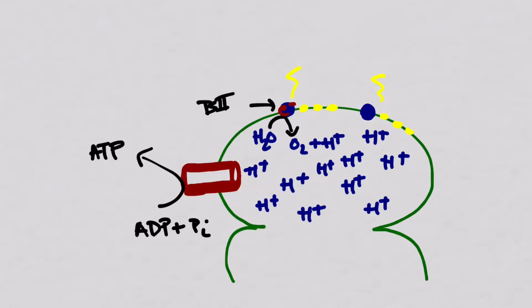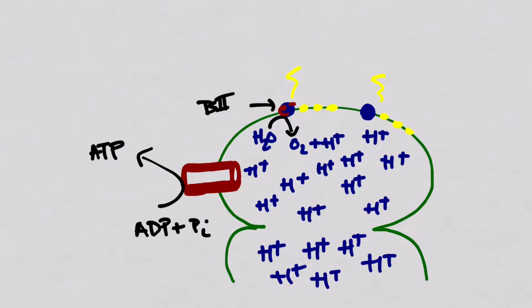ATP. Okay, so how does this molecule actually catalyze this transformation of ADP to ATP? Well, it utilizes the concentration gradient within our thylakoid membrane. So notice here that the concentration of hydrogen ions, or protons, within the thylakoid, and I'm drawing a few more because it's not just in one stack, it's the whole stack.